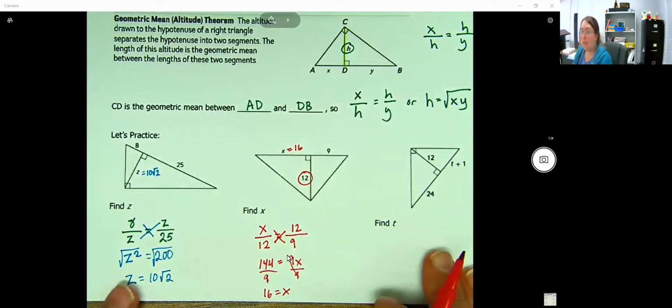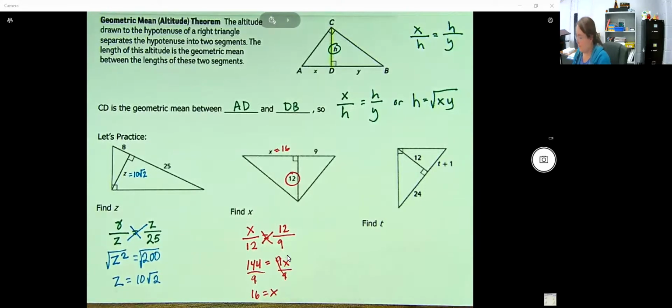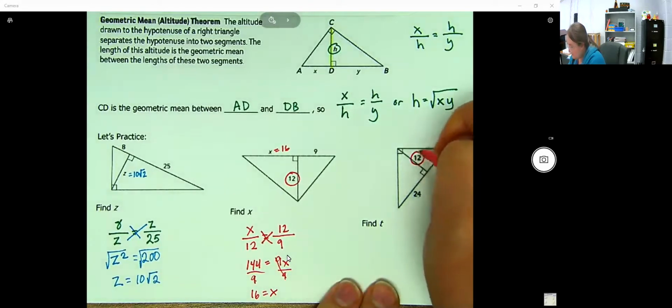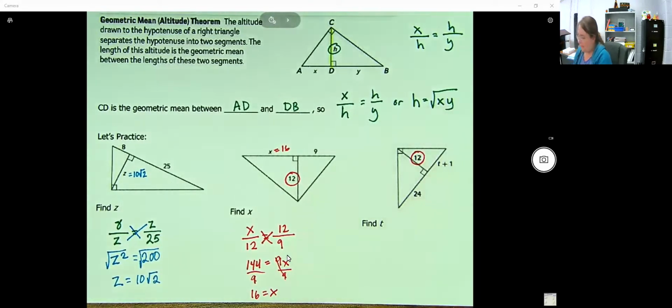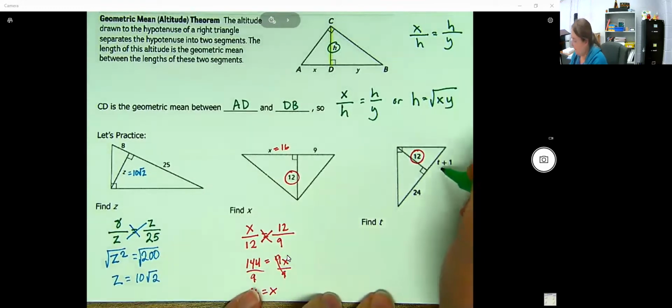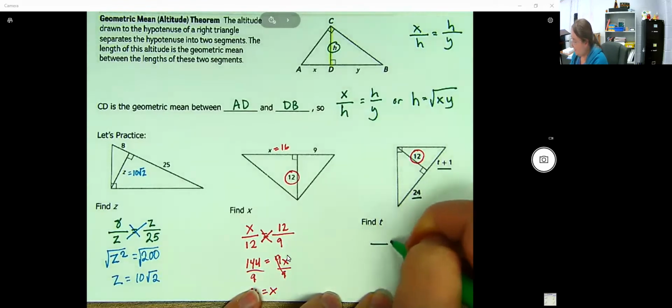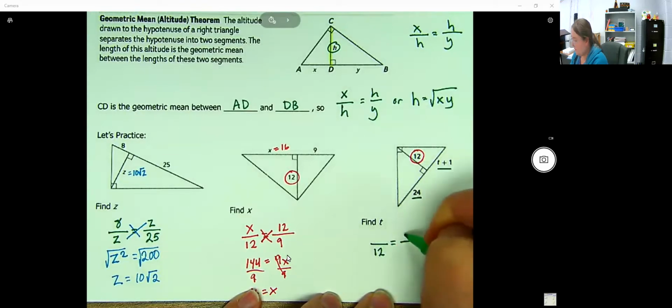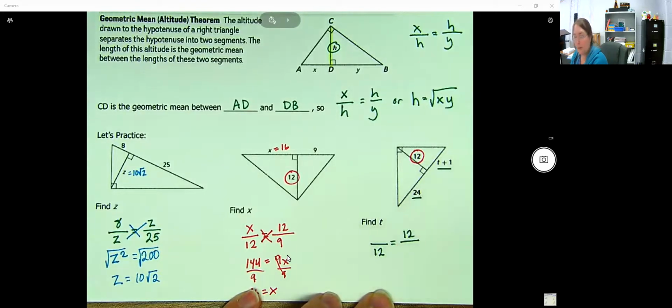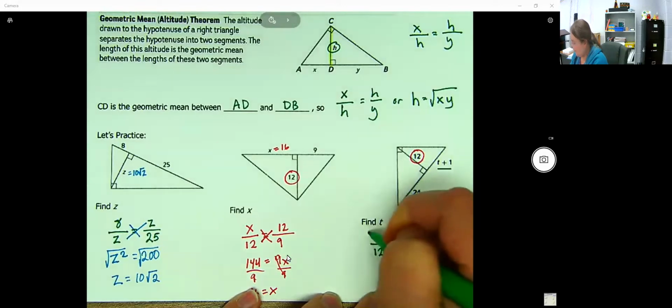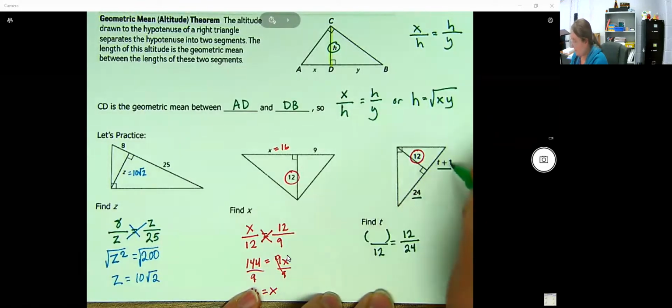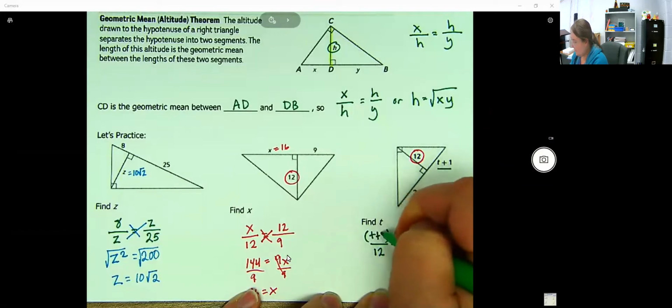Okay, the last one that we're going to do here, again, they've given us the altitude, and we've got the two extremes here. I've got this extreme and that extreme. So when I set up my proportion, I'm going to put a 12 down here. That's one mean, and a 12 up here. That's the other mean. I'm going to put one of the extremes here, 24. And here, in parentheses, I'm going to put this expression, t plus 1.